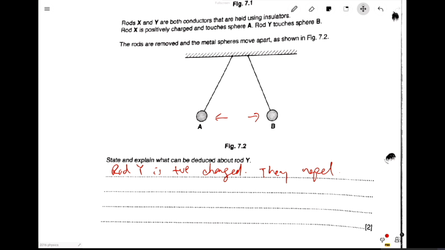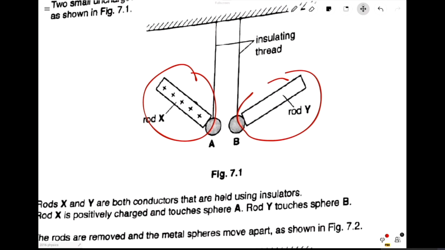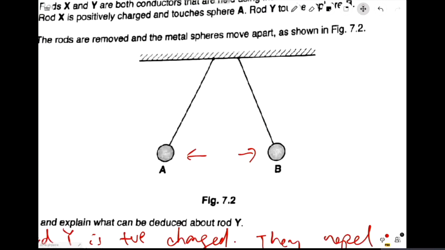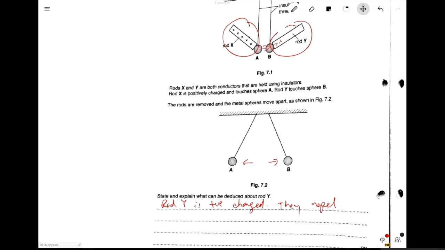So how did it become positively charged? Here, you have to say that when they touch, the electrons flow from A to rod X, causing A to be positively charged.